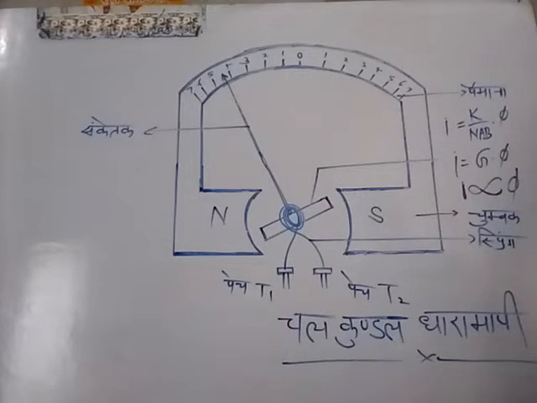Now I will talk about the uses of galvanometer. The first use of galvanometer is in measuring electric current in the circuit. It can measure a very small current in a DC circuit, in milliampere or microampere. The next use of the galvanometer is in making an ammeter.